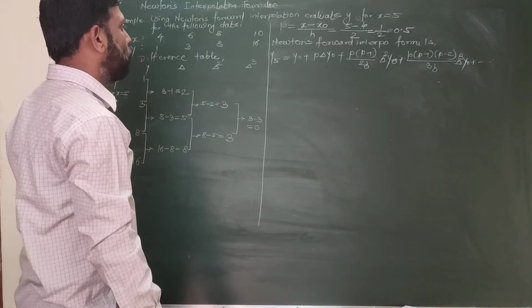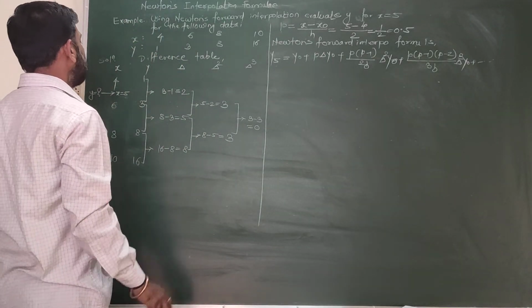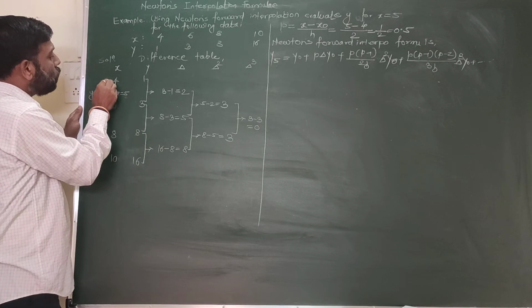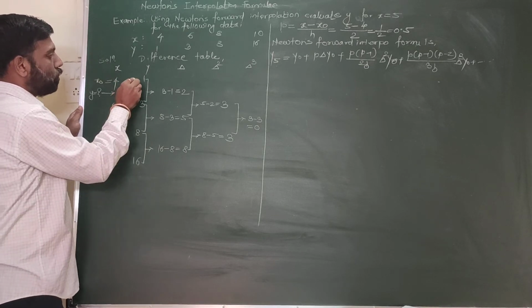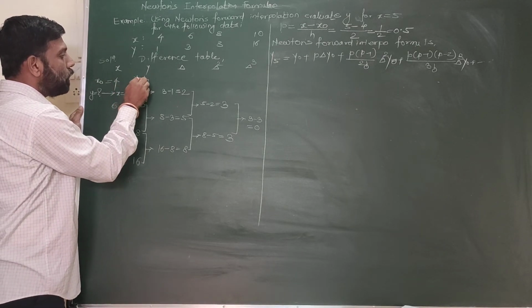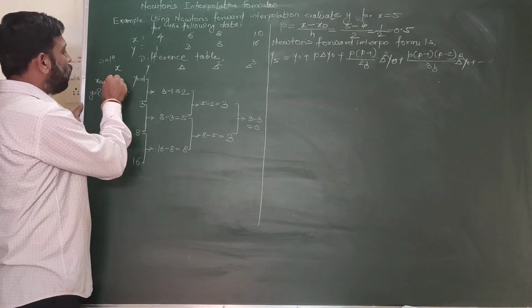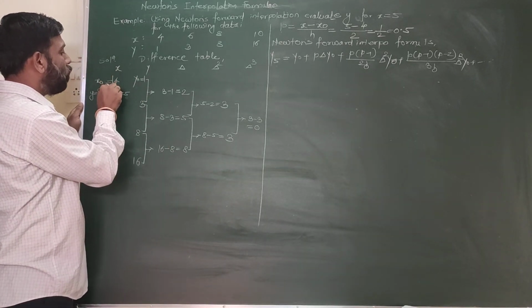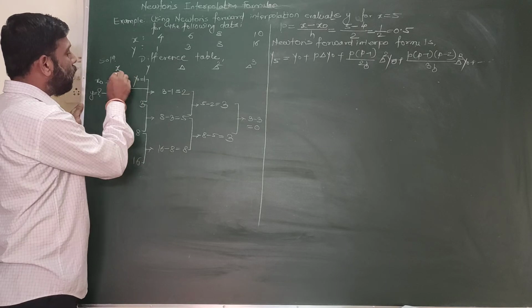So we have written here the formula. Now we'll substitute values. We have assumed this is the value x0, so corresponding to this, it is our y0. Now we'll consider the values of delta accordingly.